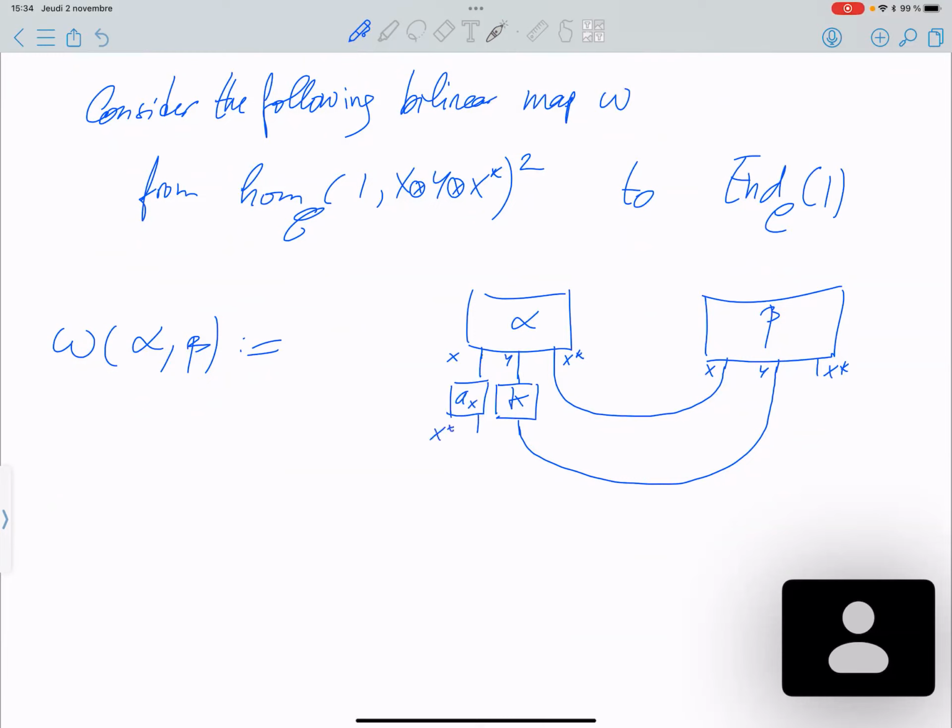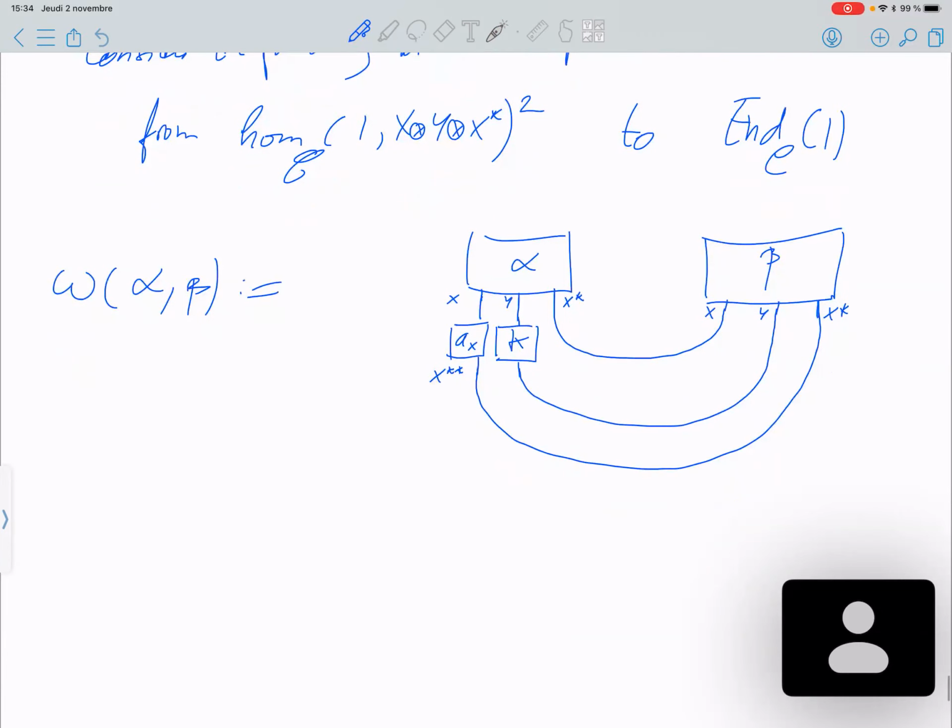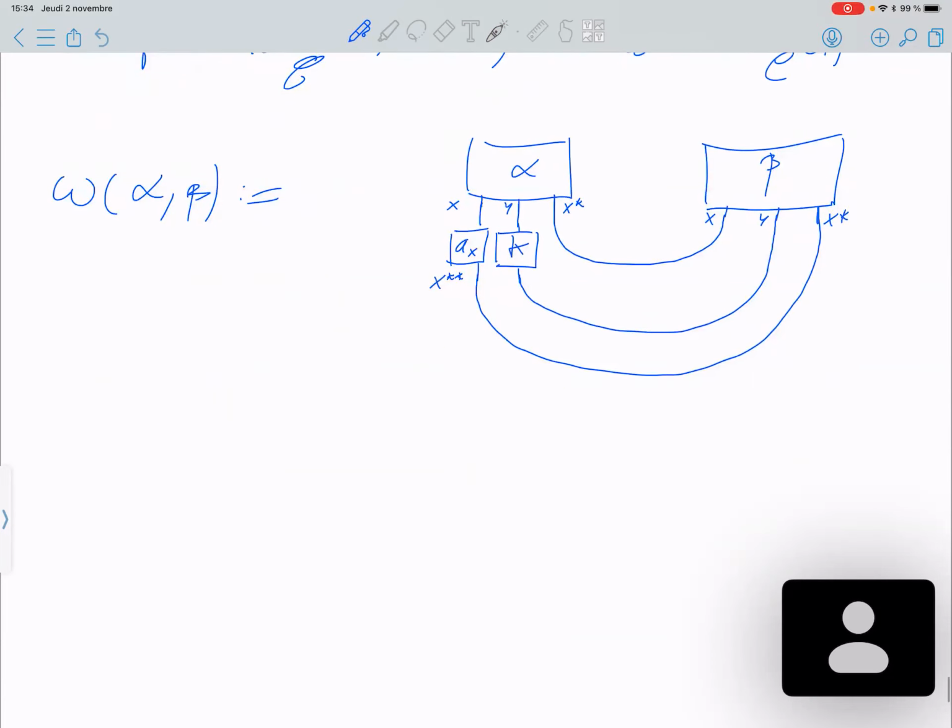Then we have X double star, and then you can have the evaluation map for X star. Okay, so this is exactly the bilinear map we want to consider, and the proposition states that you can switch the order up to multiplying by the second Frobenius-Schur indicator of Y star. So that's very useful.